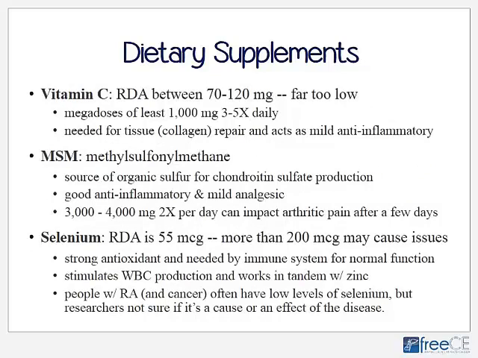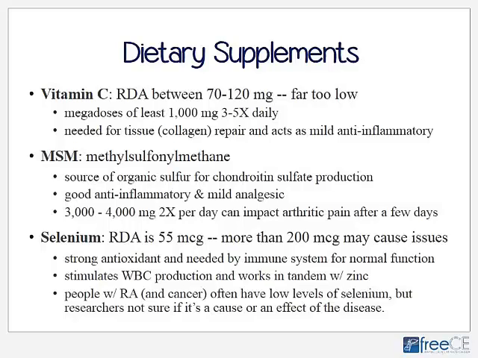Another vitamin where the RDA is far too low is vitamin C. Megadoses of between 1,000 and even 2,000 milligrams 3 to 5 times daily can be very beneficial for a lot of things, including infections and fighting inflammation. Plus, vitamin C is also needed for collagen repair.